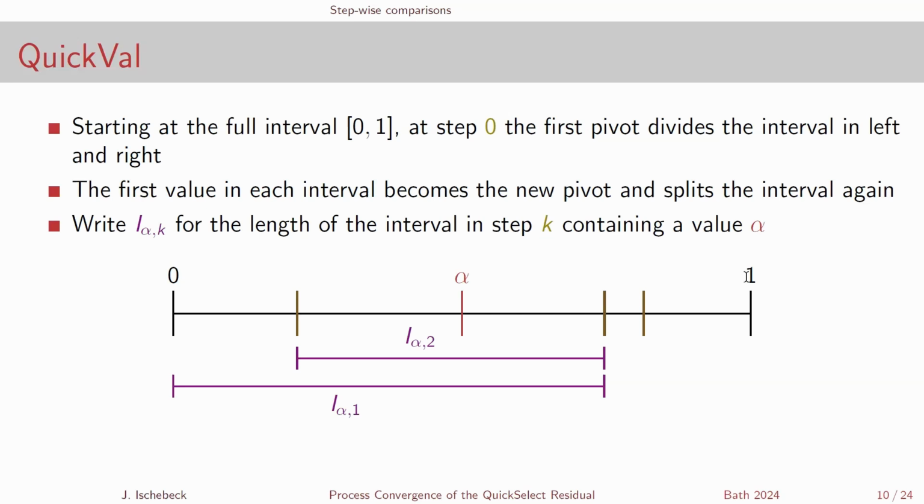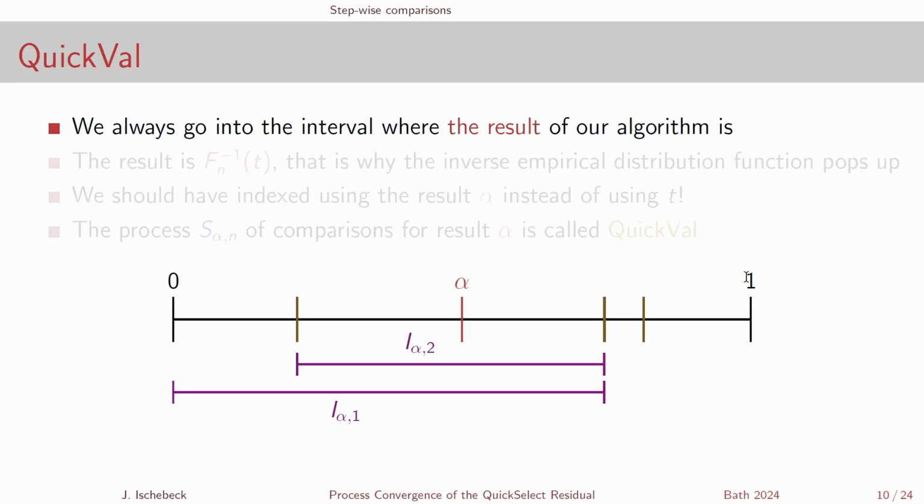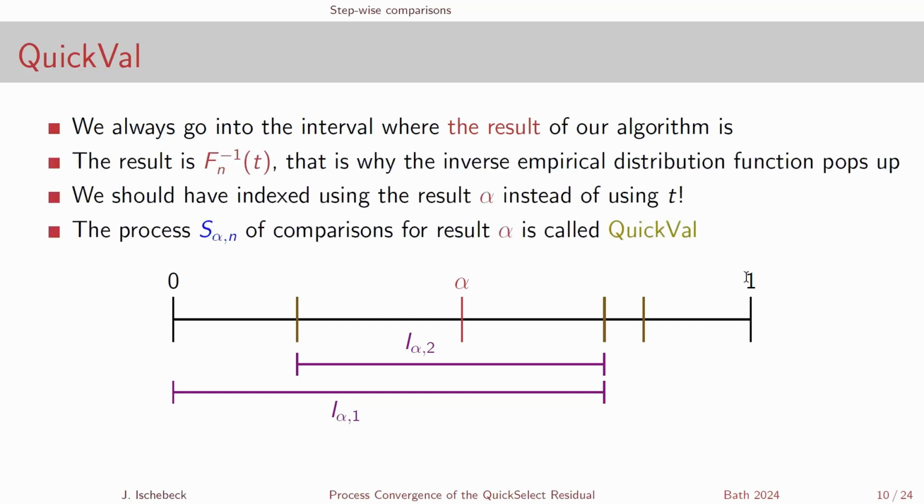You can see that these intervals are exactly where other values are that alpha is compared with. If we had to rank, we could not really see in which interval we are going. But if we have the result alpha, we can always see in which interval we are going. So we should have really indexed with alpha, and alpha is given from u_1 to u_n just as the inverse empirical distribution function of t.